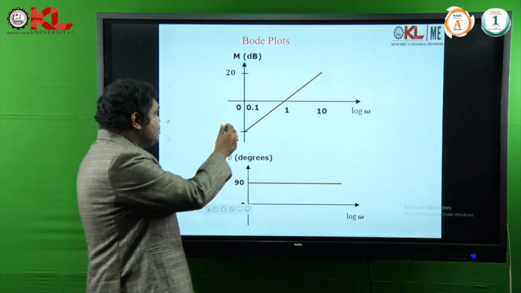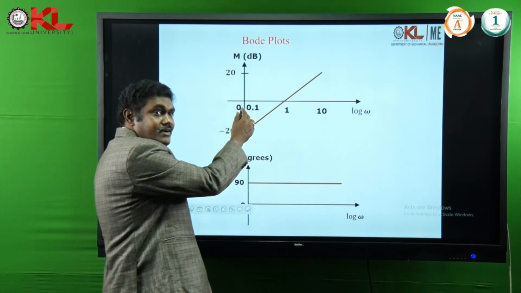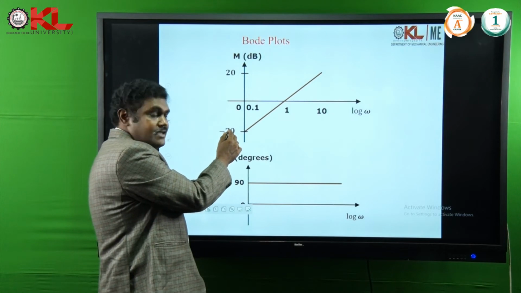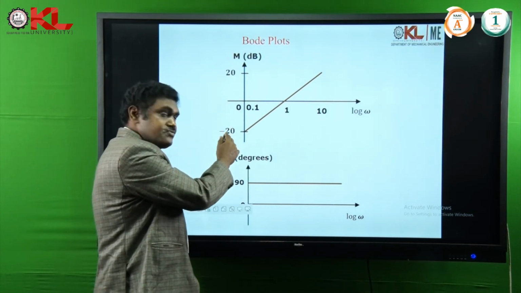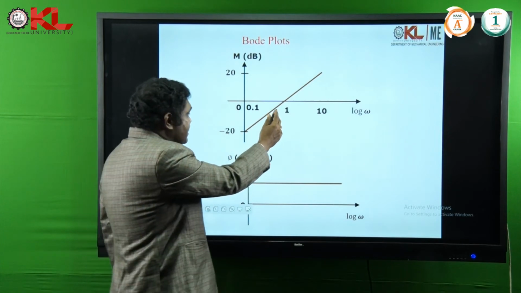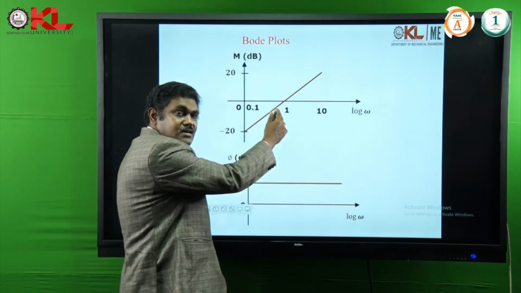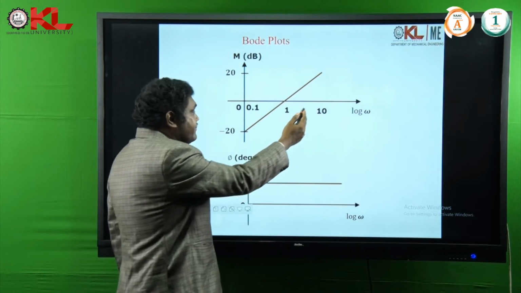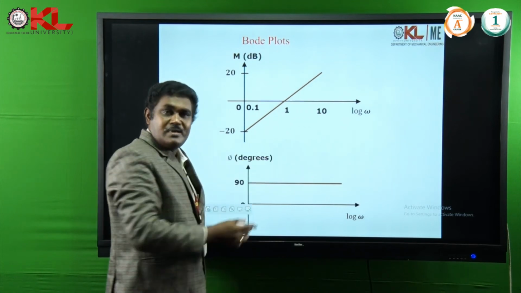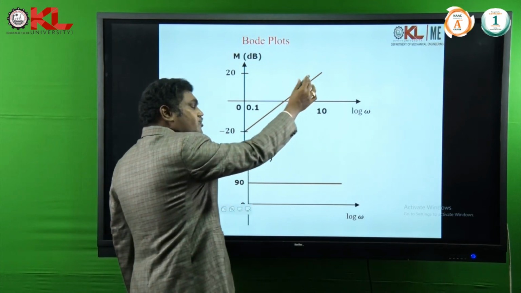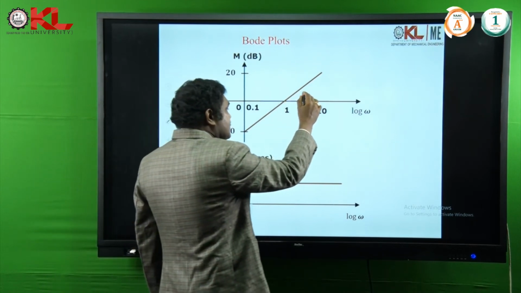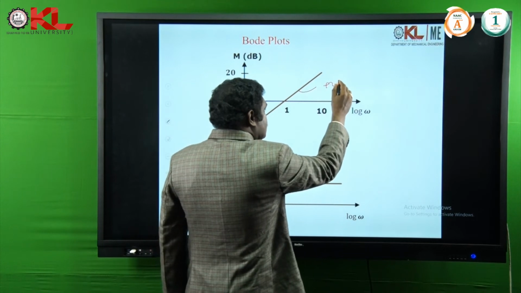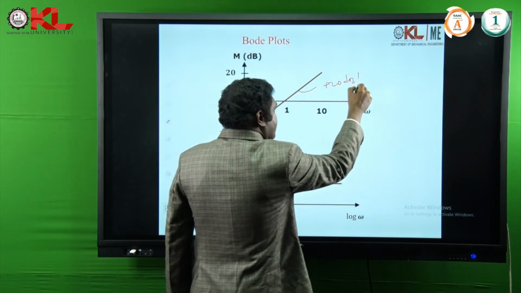At 0.1 the value is minus 20 decibels, so on the y axis we show the magnitude value minus 20 decibels, at frequency 1 the magnitude is 0, and at frequency 10 the magnitude is plus 20. These are the 3 points, and joining them gives a line whose slope is plus 20 decibels per decade.